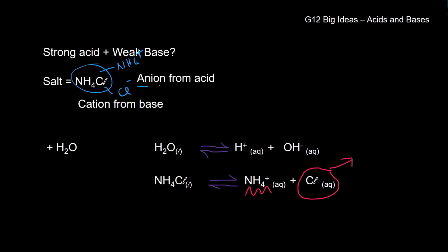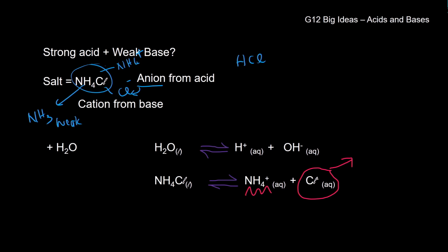So the anion is the chloride ion. That comes from the acid. So what acid will give us a chloride ion? It would be HCl, and we know that that is a strong acid. What about the base? Well, ammonium must come from ammonia, and we know that ammonia is a weak base.